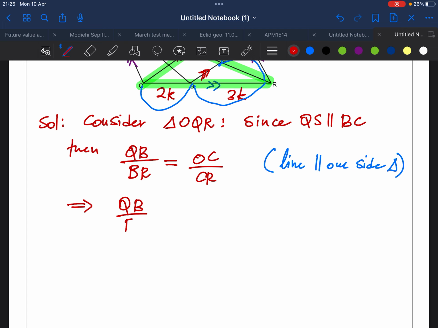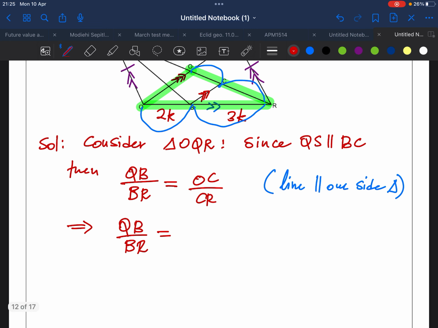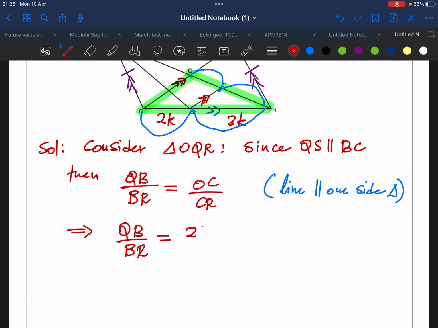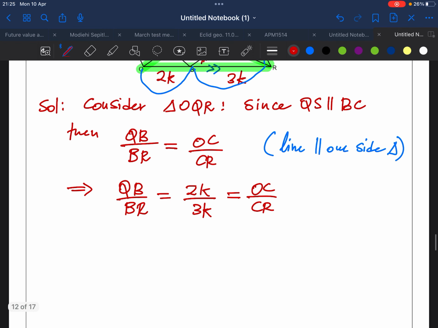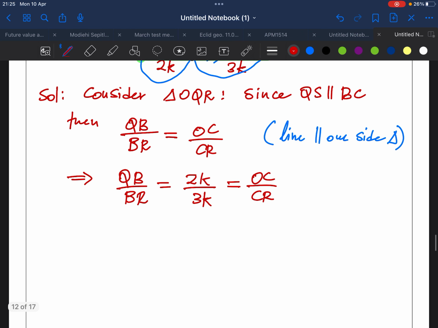So now this implies that QB over BR, in terms of ratios, will be 2K, because QB is 2K, over CR, which is 3K. And we can both agree that this ratio is in the same proportion with OC over CR, according to the above question. Now, let us be smart.